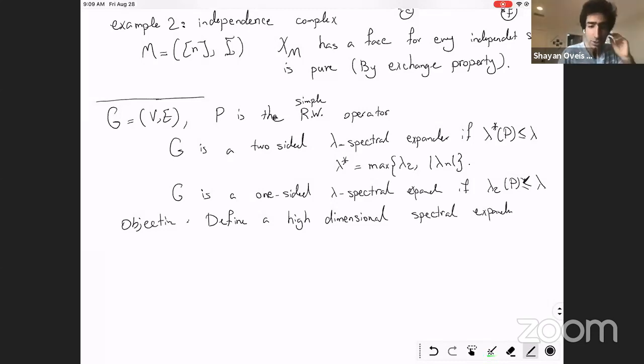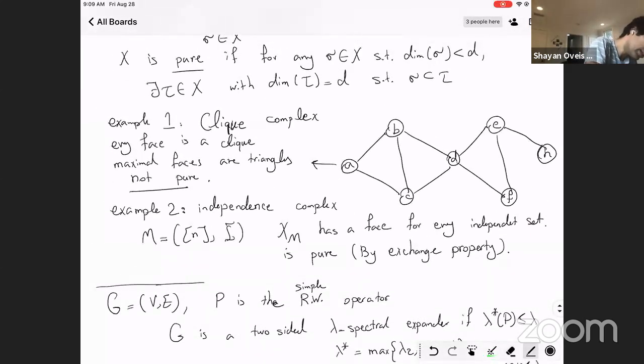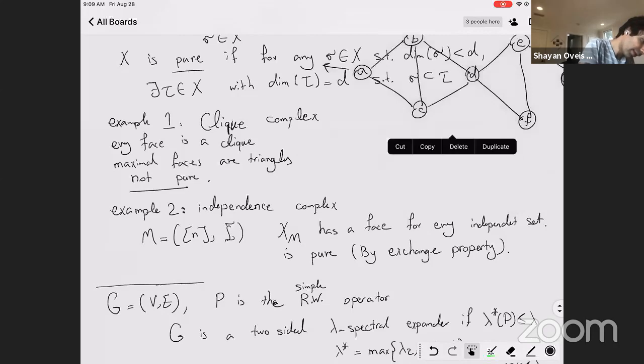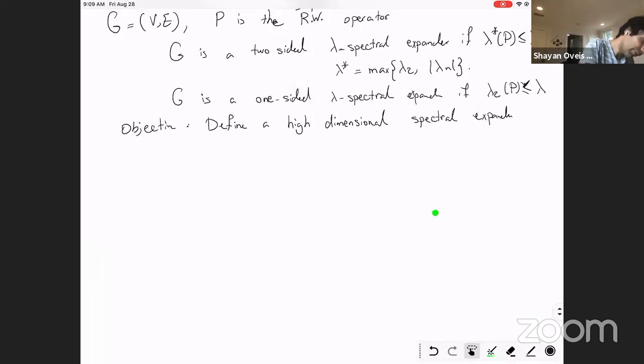Okay, before that, let me first define a notion of assigning weights to faces of a complex.